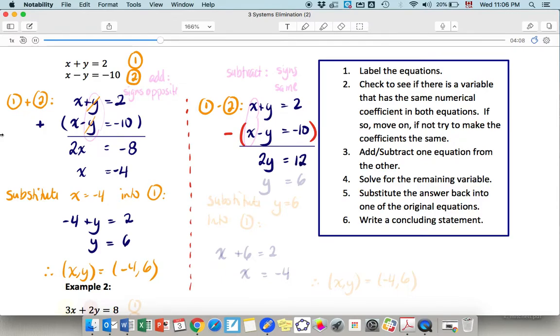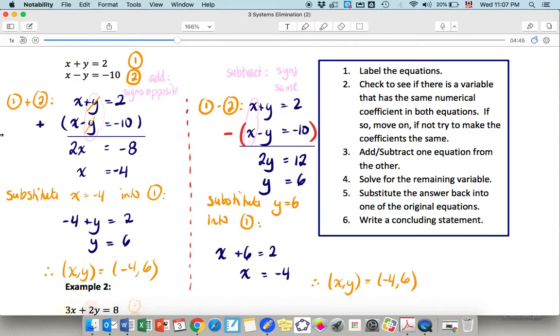So 2y equals 12, and I get the answer y is equal to 6, which is what I had solved for by doing it the other way, except now I've solved for y first instead of x. So again, we're going to substitute y equals 6, and let's put it again into equation 1, doesn't matter. So that'll look like x plus 6 equals 2. I bring the 6 over and I have x equals negative 4. And again, I get the same answer, that my solution is negative 4 comma 6.